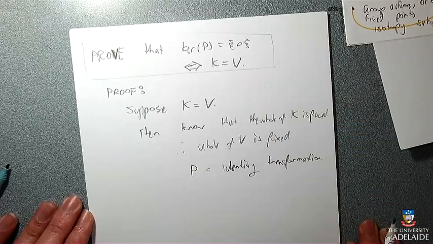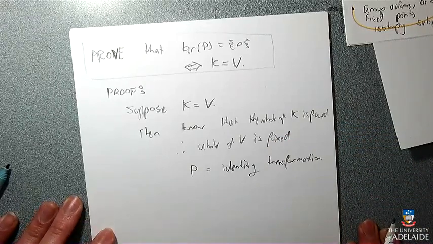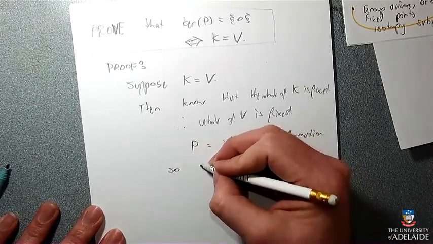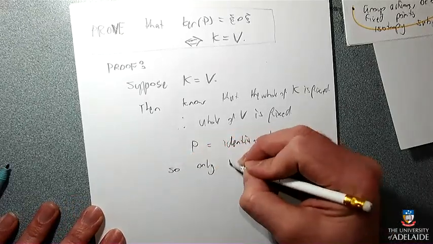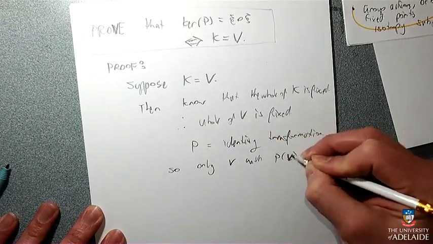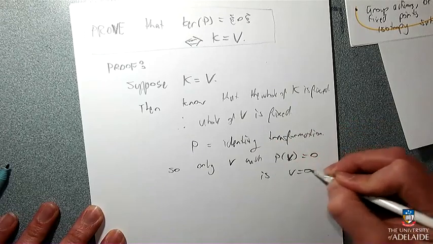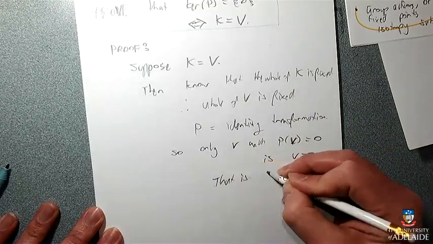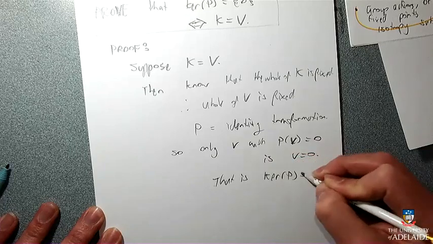So the kernel has to be the 0 vector because everything is fixed. And so the only v with P of v equals 0 is v equals 0. That is, the kernel of P is just the 0 vector.